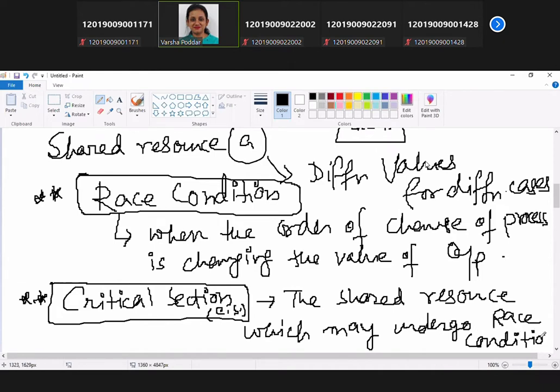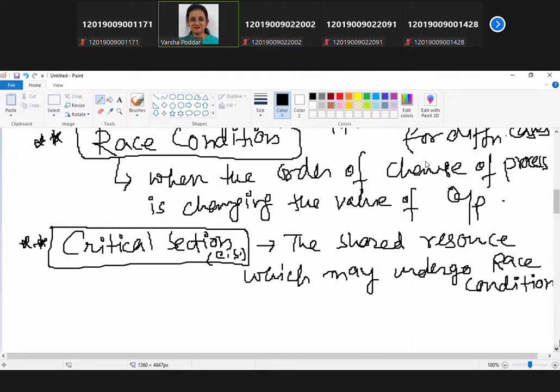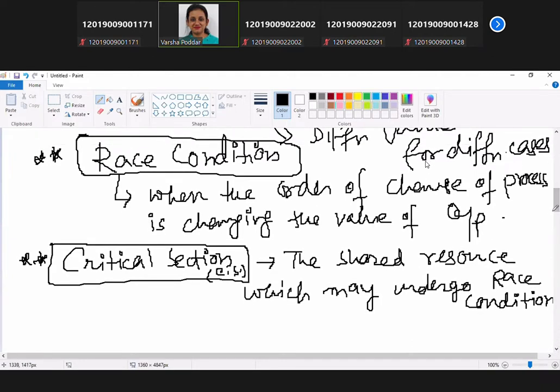The critical section means that particular portion of your code where your shared variables are going through value change. Whenever we are working, we try to find out the critical section, and based on that we arrange our ordering. That is the critical section problem.